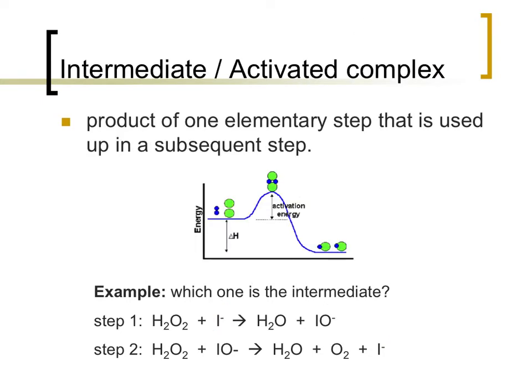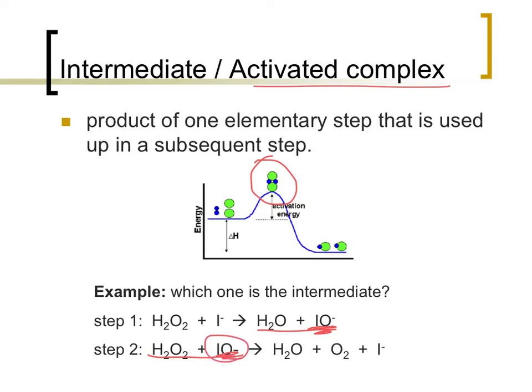The next term is an intermediate. This is really what's happening at the top of our reaction mechanism graph. We've called this an activated complex and even a transition state before. The intermediate is always going to be a product of the first step and a reactant in the second step, something that's produced in the meantime but then used up right away.